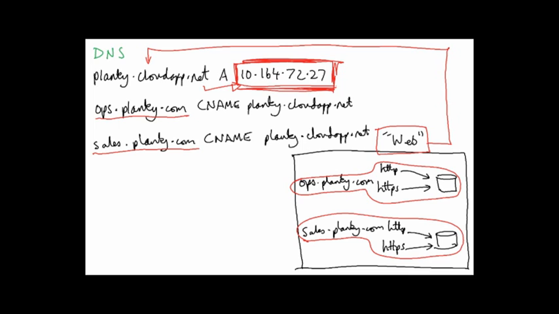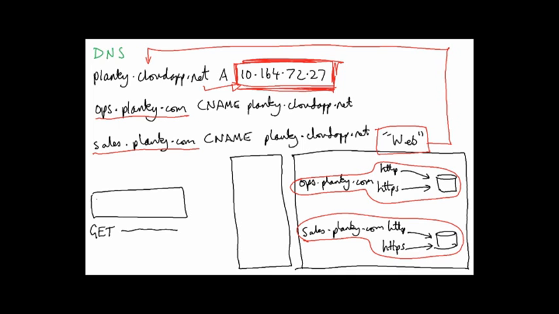10.164.72.27. But we know that there's this piece of code that lives on IIS, whether it's on Azure or not makes no difference. There's a piece of code that lives on IIS, and what it does is it sees a GET request coming in, and it sees the contents of the request, but it also looks at the host header, and if it sees, let's just say, ops.planky.com, then the GET request got to the correct address because the DNS resolver in the client computer managed to find the correct address and sent it to IIS.